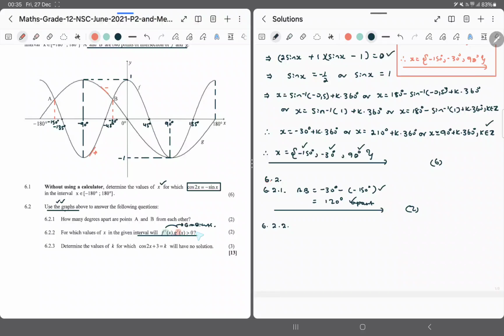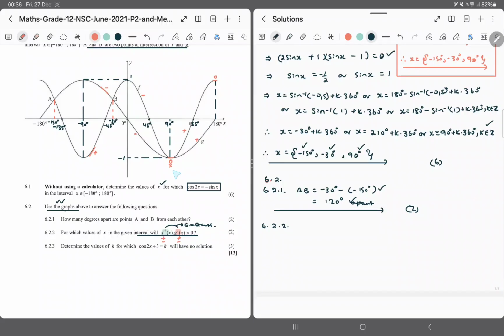So now for this product to be greater than 0, it means these two are either both positive or both negative. So let's have a look. When do we see that? From 0, if we scan to the right, this gradient is negative, as well as that gradient. But at the turning points, the gradient is 0. So that's not allowed. And then if we go up, these gradients are positive, so that's allowed. But at the turning point, that gradient is 0, while this one is positive. So 0 is not included.